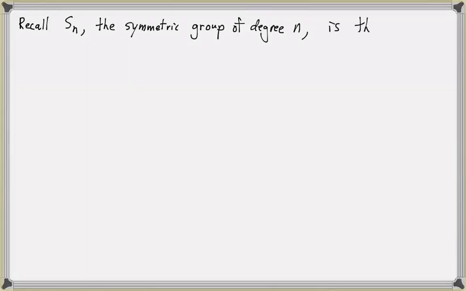So again, recall that Sn, the symmetric group of degree n, is the group of permutations of the integers 1 through n.